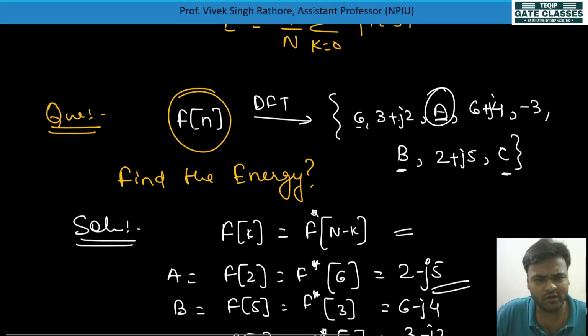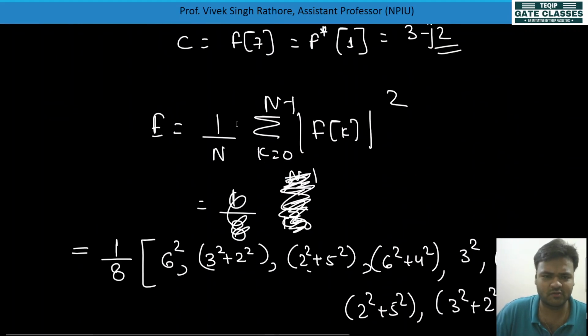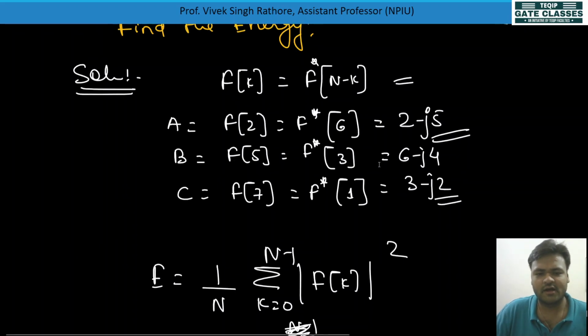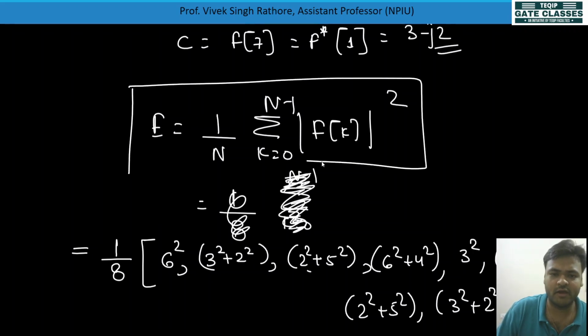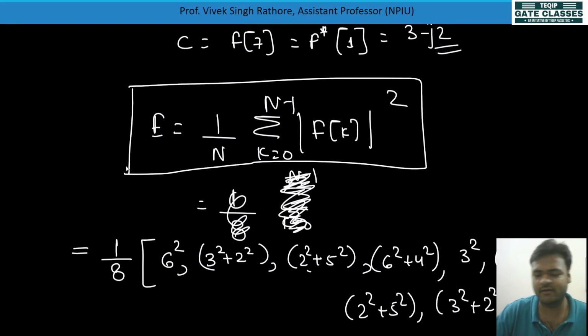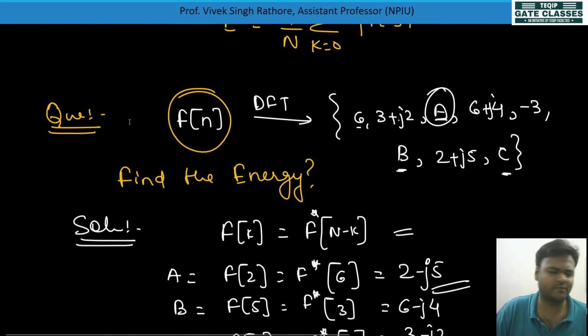That will be more tough, and you don't know f of n also, you would need to find it. See, DFT values are there, so it's better that you do it from the frequency domain. Frequency domain is easier, you just need to put in the values and get the answer. The thing is that one formula you need to remember, and the rest is a derived form of that, so it's very easy.